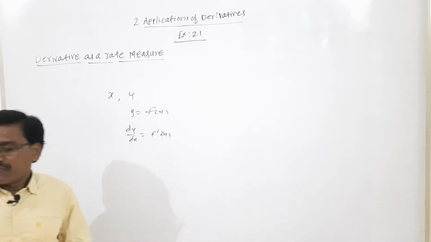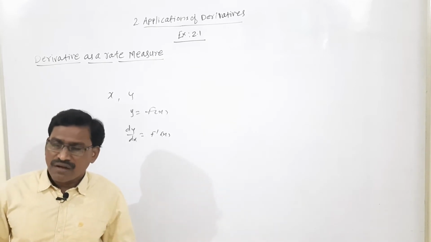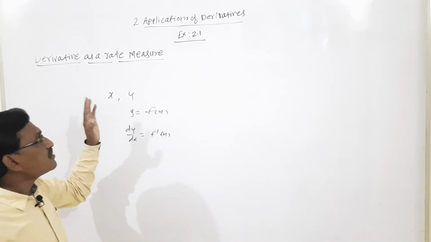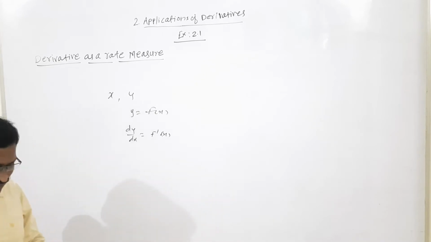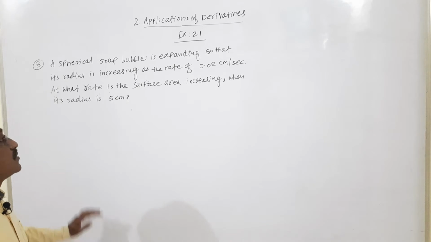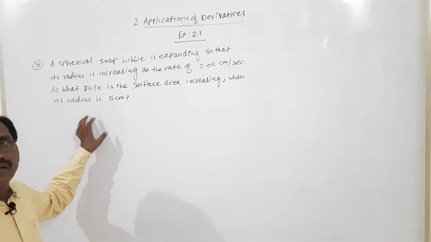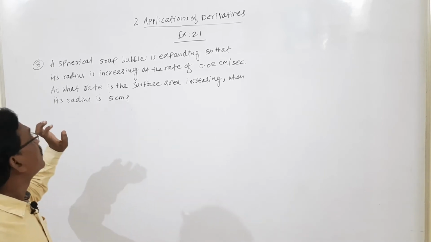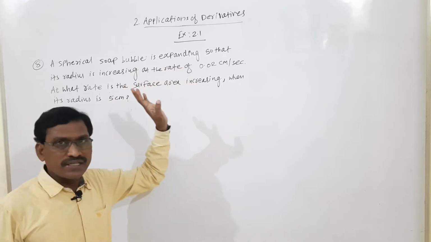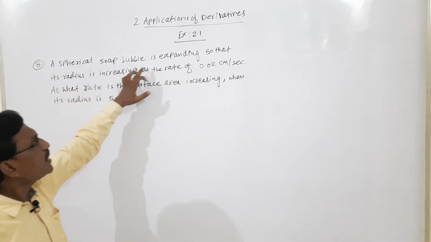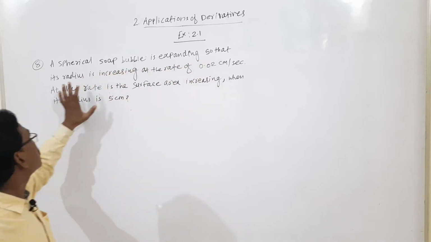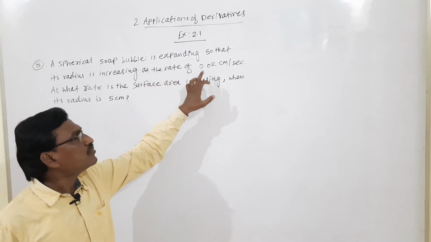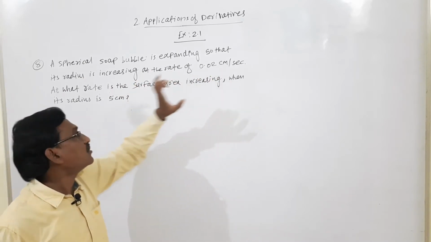Now we will take the remaining examples in exercise 2.1, which depend on derivative as a rate measure. A spherical soap bubble is expanding so that its radius is increasing at the rate of 0.02 centimeter per second.